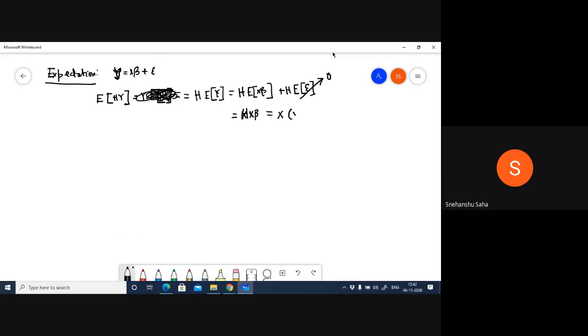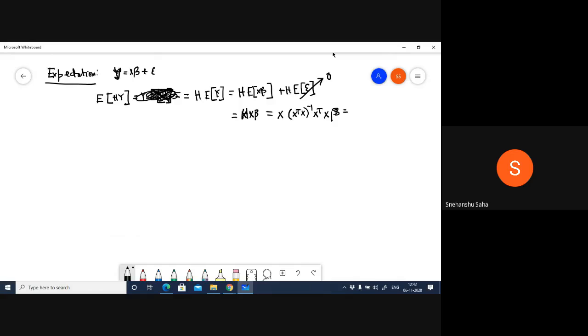Therefore we know what h is. H is nothing but x transpose x inverse x transpose, and then there is an x and there is a beta. I can simplify this.